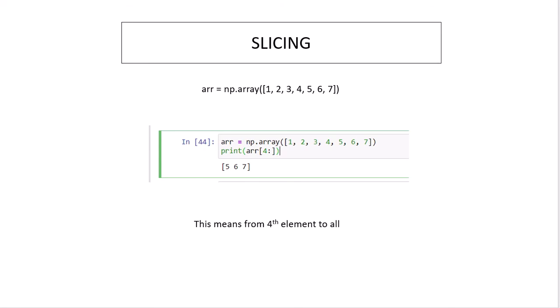So for example, in this case, I am trying to extract elements from the fourth index to all. That means I'm going to extract 5, 6, 7, because 5 is what is present at the fourth index. Now let's see a little bit of difference. Why is it different from index? Just think like this: at the zeroth index, I have the first element.